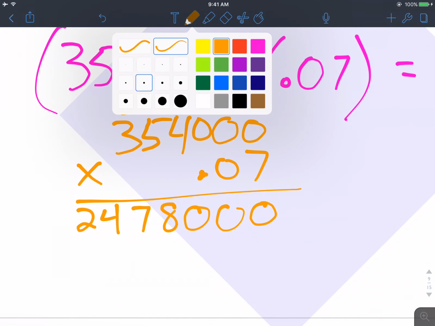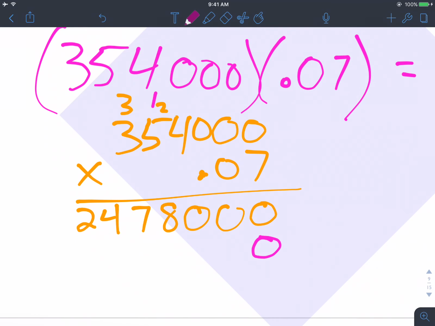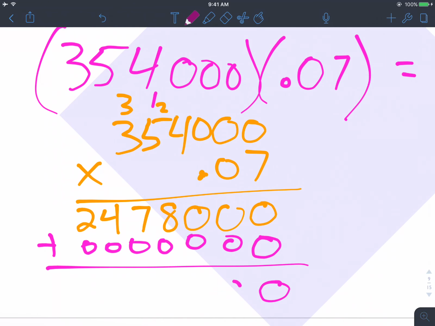And the second number is all zeros. So I have my placeholder, and then it's just zeros all the way. I hope I did it right. Just keep track of your decimals. How many decimal places should I move?